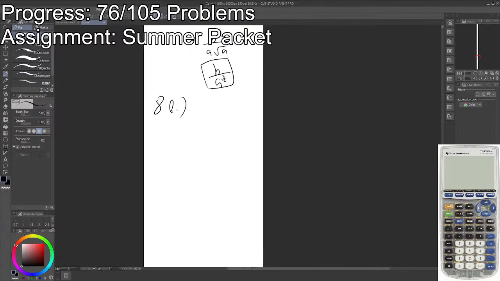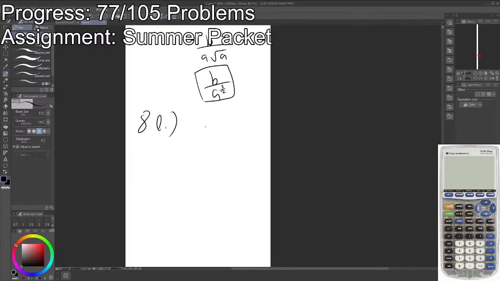Big one for 80. We got A 2/3, B half, the bottom. That's all squared. B 3 over 2, A half.